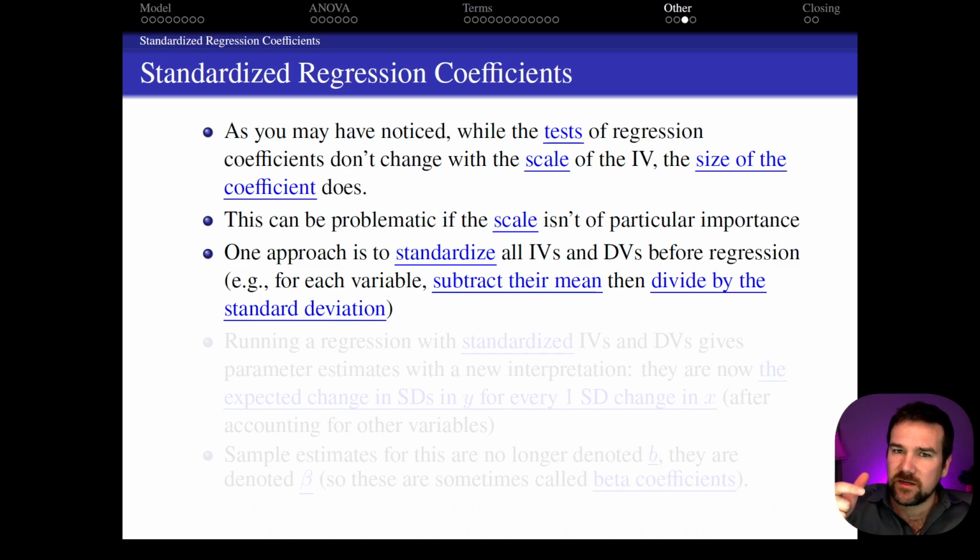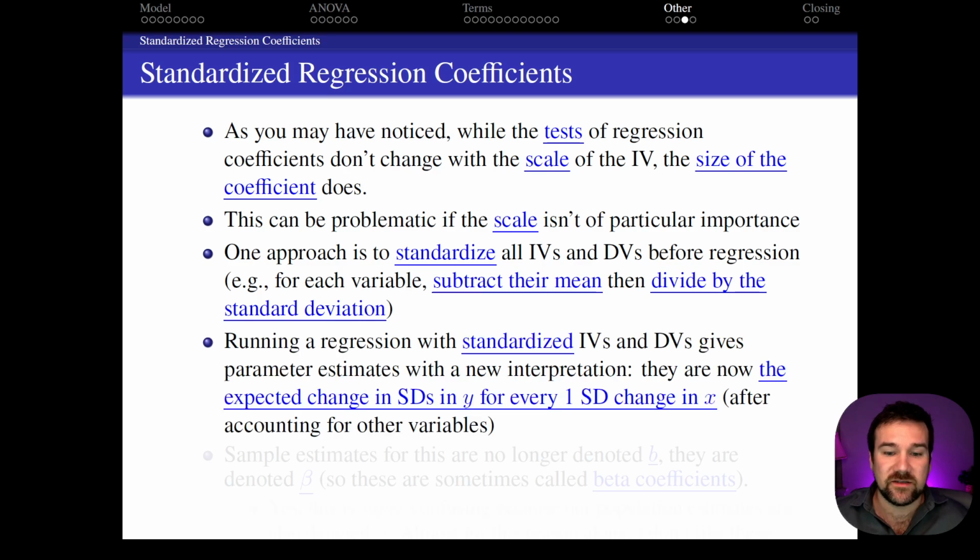But if I standardize the independent variable, a single unit increase now represents an increase of a standard deviation. And if I have multiple independent variables on different scales and standardize them all, a single unit increase means the same thing for each one. For each one, it now means an increase of 1 standard deviation.